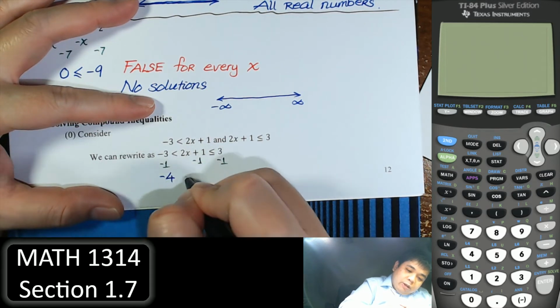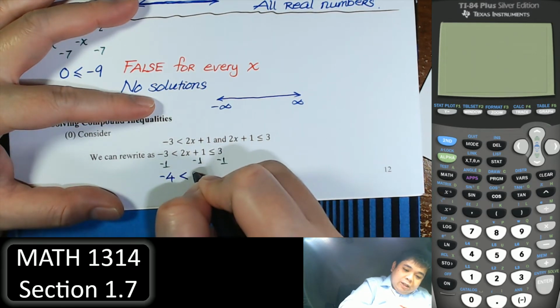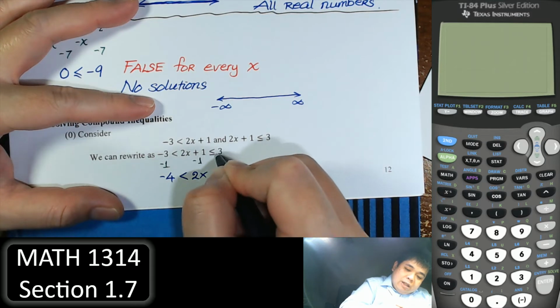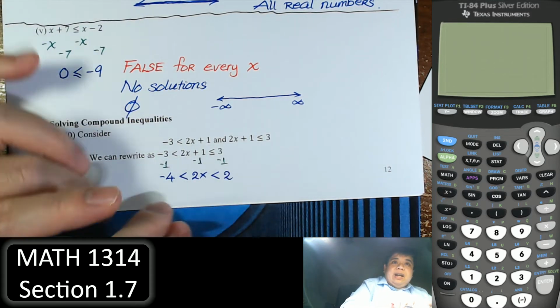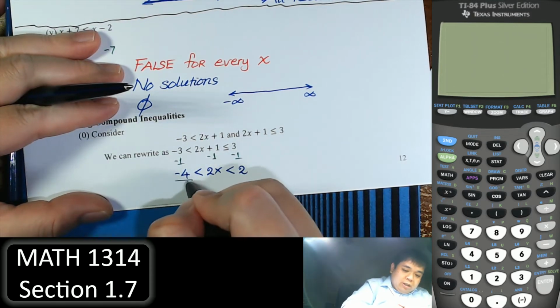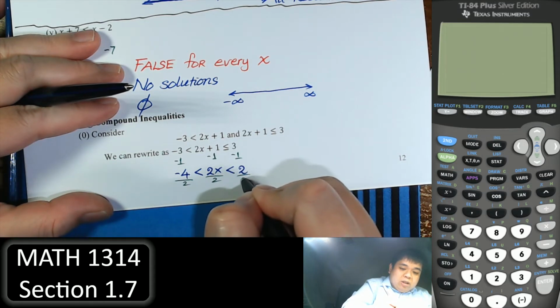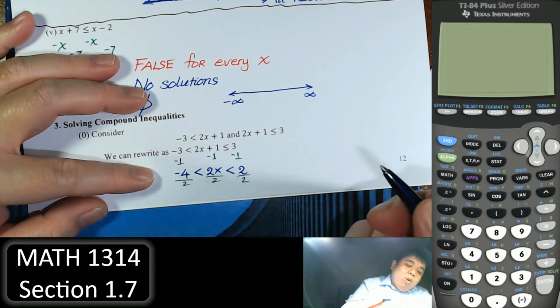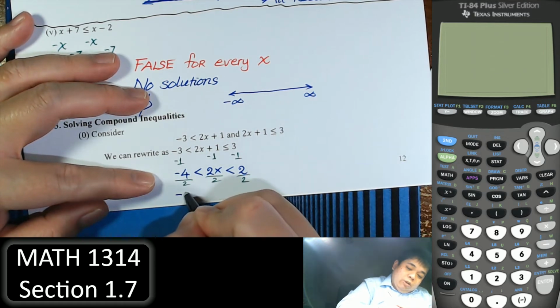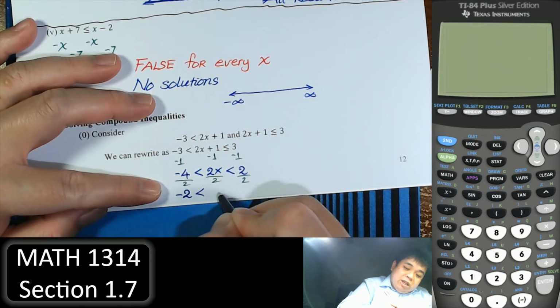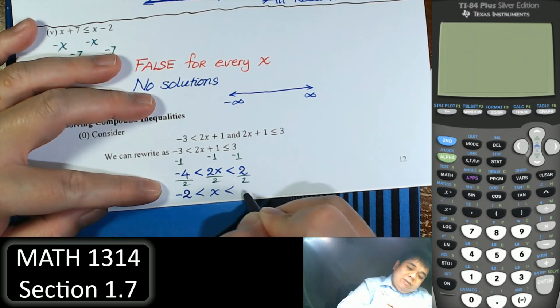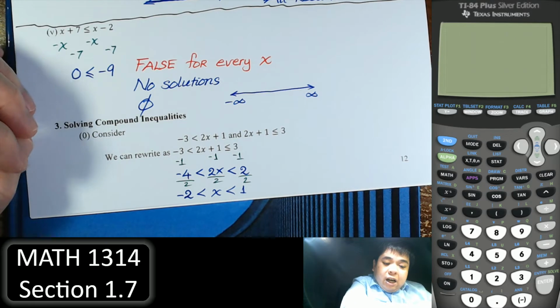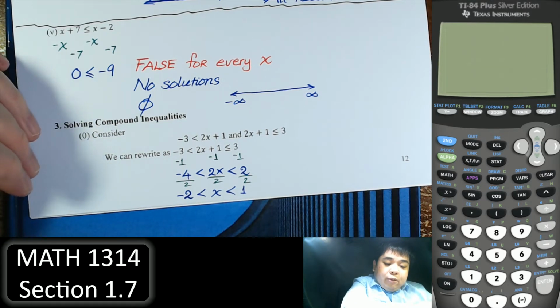Negative 4 less than 2x less than 2, and then we divide by 2 on both sides. By both sides I mean everywhere. Divide by a positive number, no need to reverse the inequality. So here we have x between negative 2 and 1.